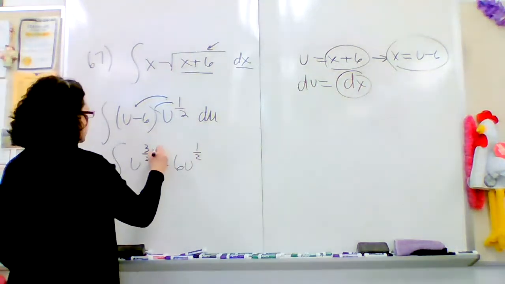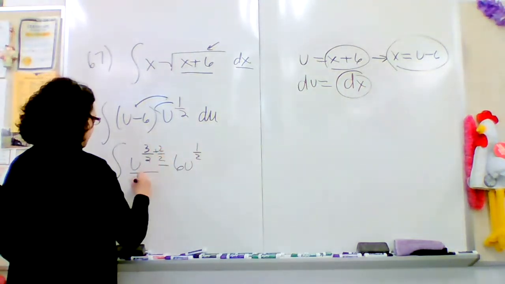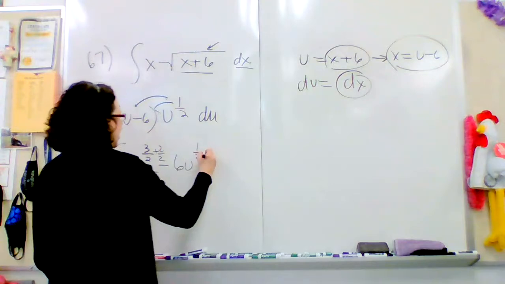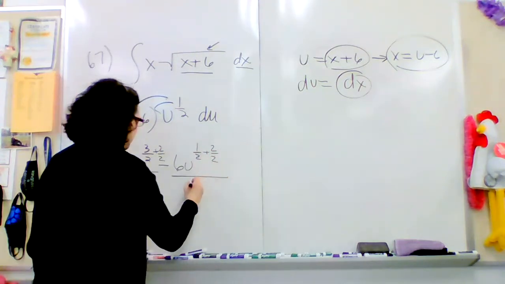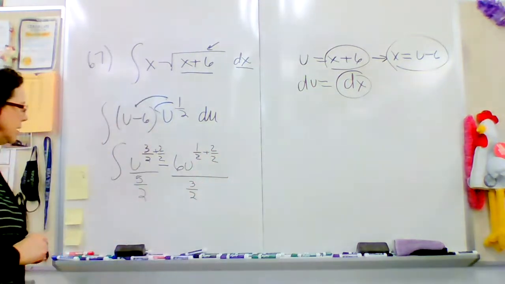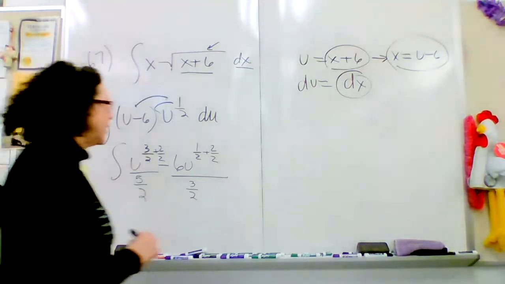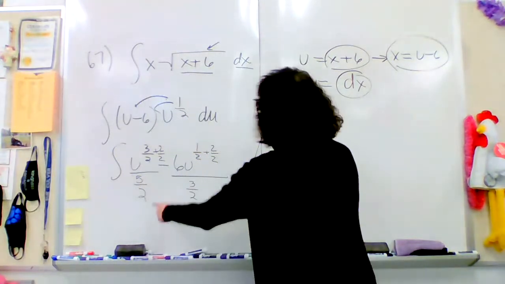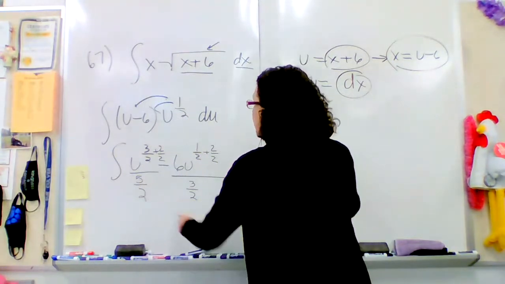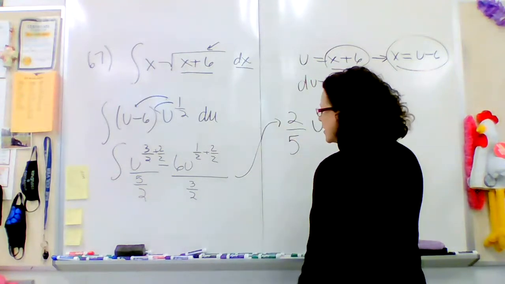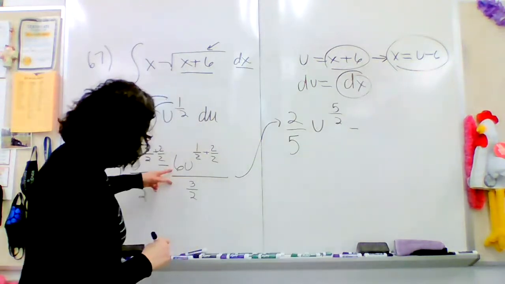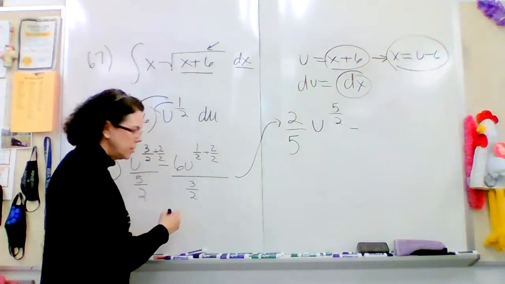All right, let's add 1 to the exponent, divide by the new exponent, add 1 to the exponent, divide by the new exponent. All right, how's that look so far? Okay, 2/5 u to the 5/2 minus, okay, so this is 6 times 2/3. I'm okay, isn't that a 4?